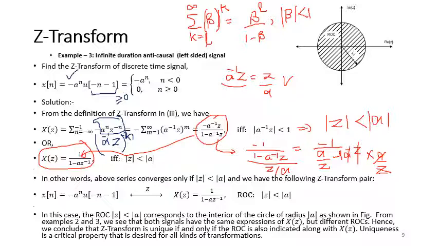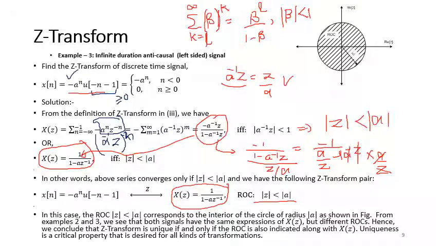So the Z transform for this one, and you can see in the previous case we get a similar expression for two different signals. This one is an anti-causal signal, also called the left-sided signal, and in the previous example it was the causal signal or the right-sided signal, and we get the same mathematical expression. If you go back to the previous slide, you'll see that they both are actually the same, but the region of convergence for both is different.